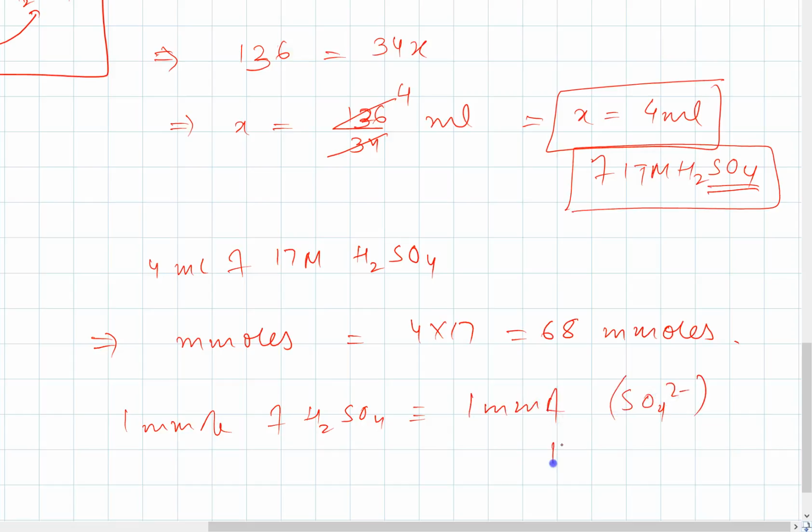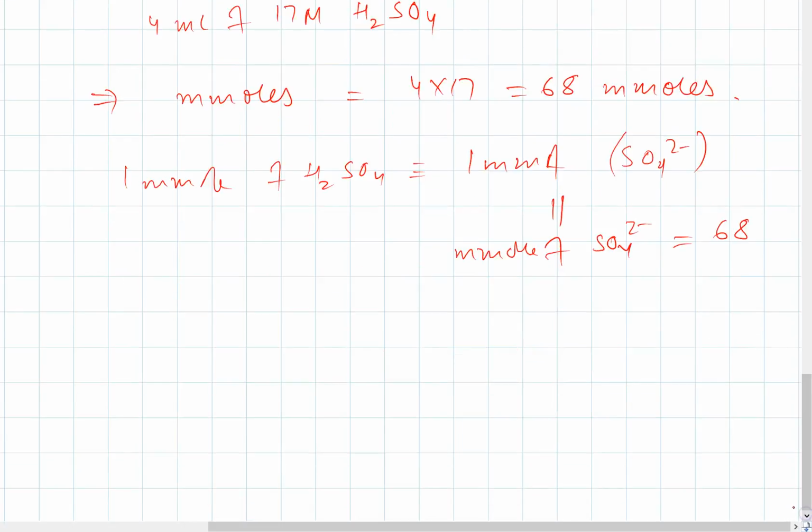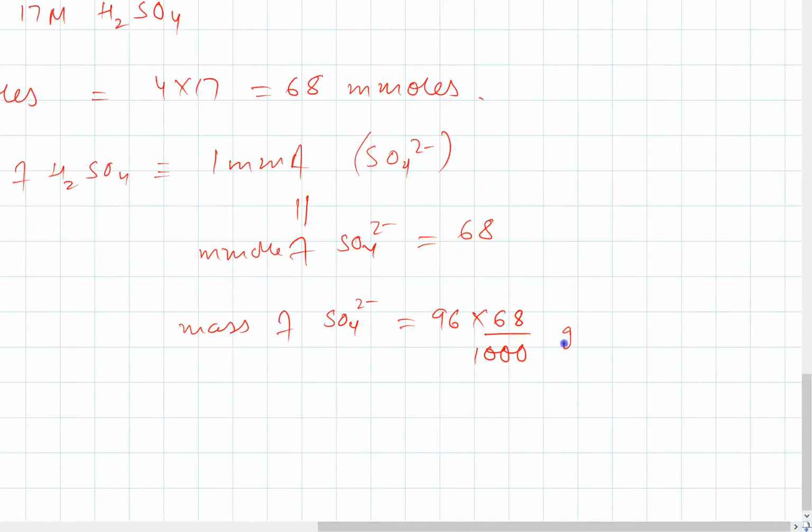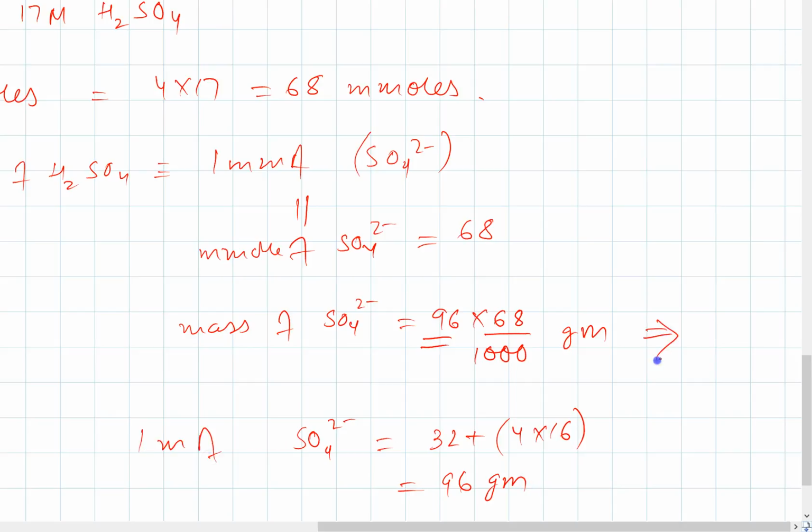So the millimoles of sulfate ion is also equal to 68. So the mass of sulfate ion will be equal to 96 into 68 divided by 1000 grams, where 96 is the molar mass of sulfate ion. Sulfate is 32 plus 4 atoms of oxygen, which is equal to 96 grams. That's the mass of 1 mole of sulfate ion. You can calculate this to get the mass of sulfate ion.